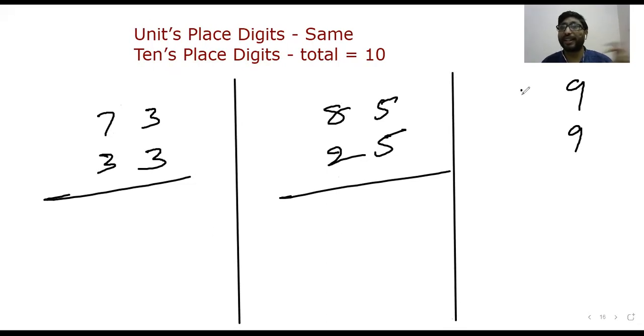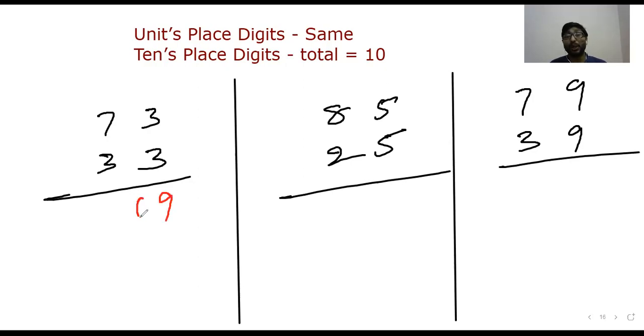What can we write? 7 and 3. Same concept, no problem. 3 3s are 9, and here you may get confused. We have to use 09 because there is always a 2-digit number on the right hand side. Don't worry why I'm writing 09. You'll understand in tomorrow's class.